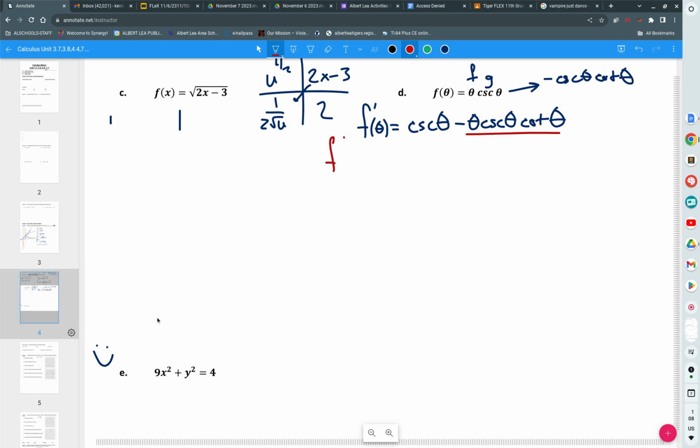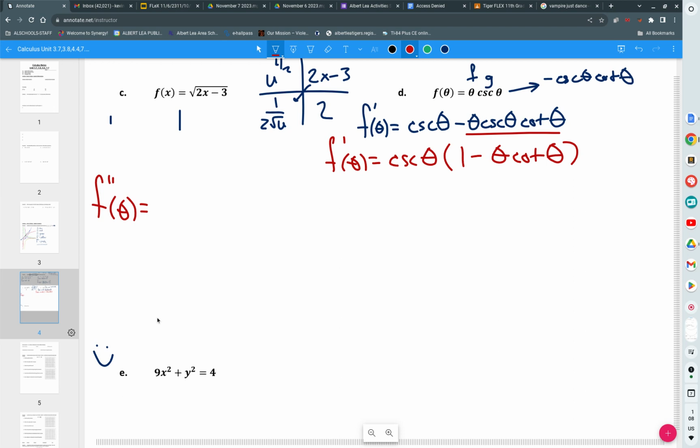So we have f prime of theta is equal to cosecant of theta times 1 minus theta cotangent of theta. So now we have f double prime of theta. Okay, and so we start.